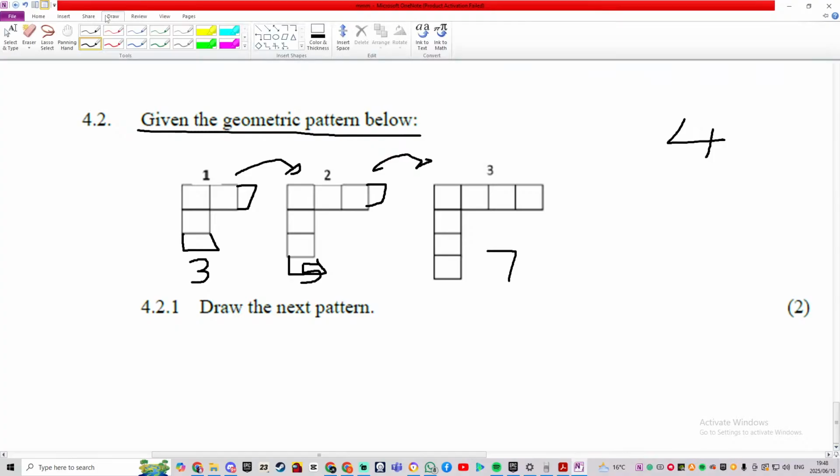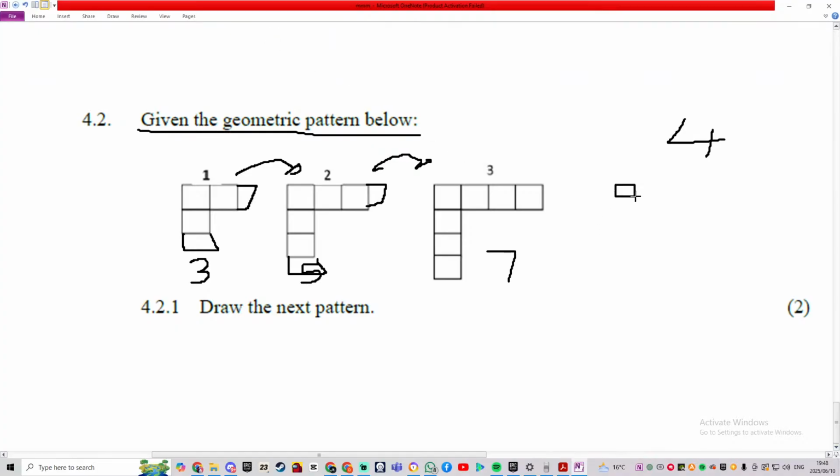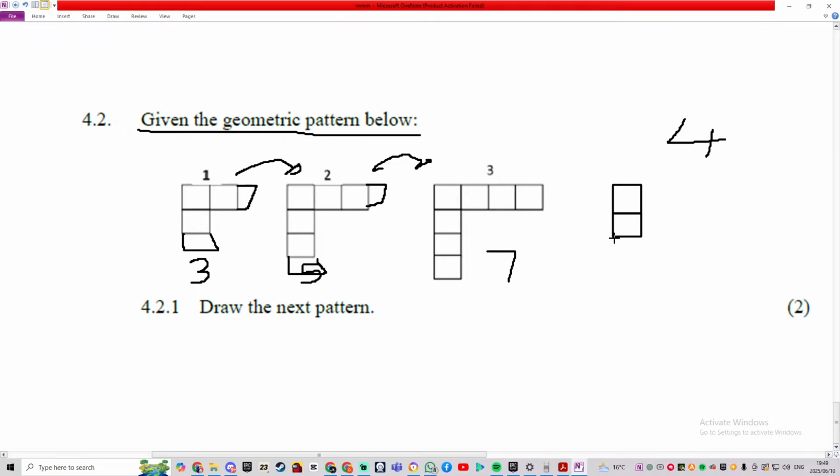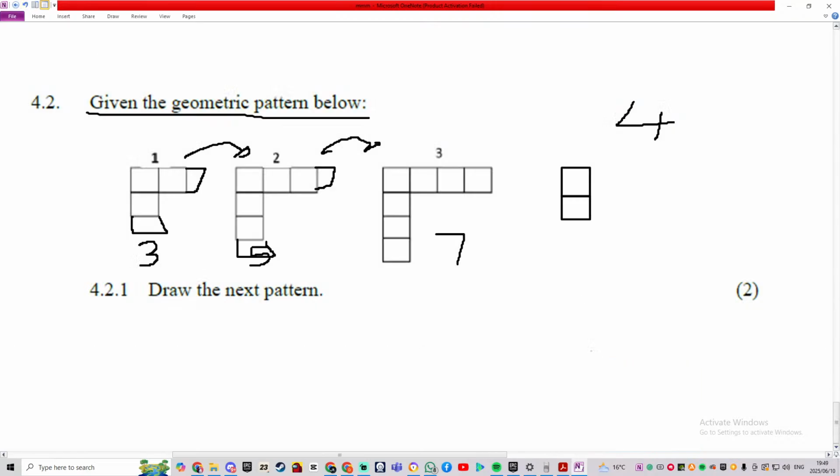where can I throw blocks? Say you have a block. Yeah, you have a, come on. You have another block. What's that?